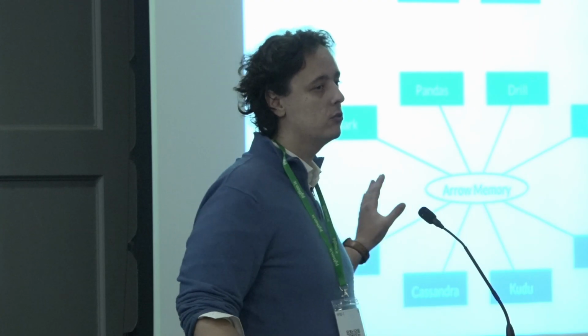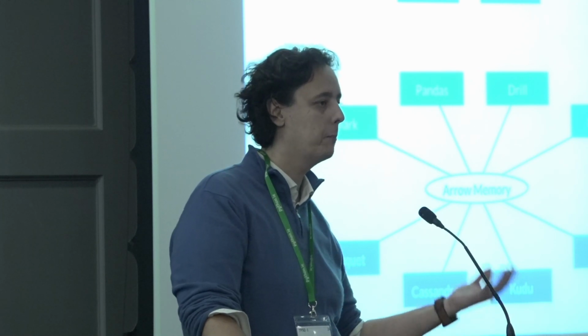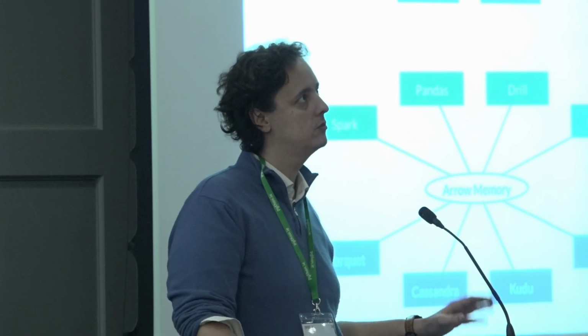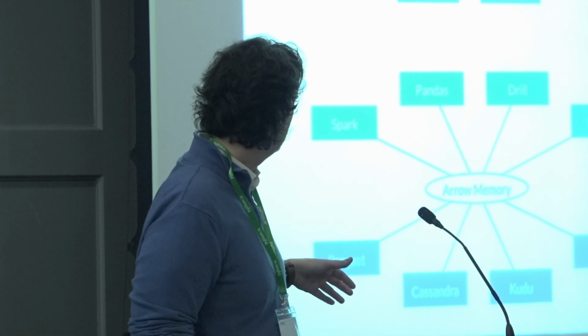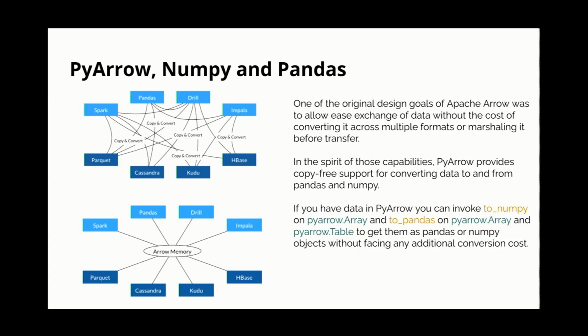While given that all those tools are slowly embracing Arrow, more than PyArrow itself, now it's possible to move data across all different software without paying any marshalling and unmarshalling cost.